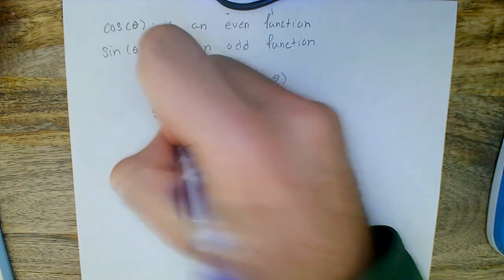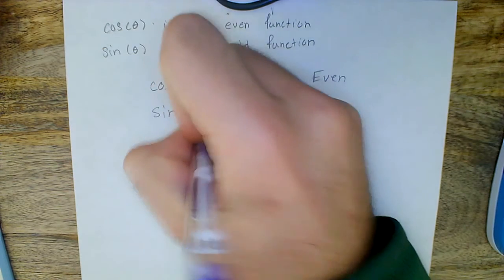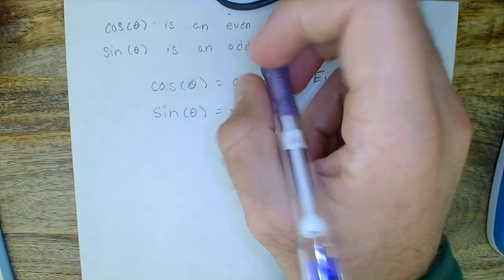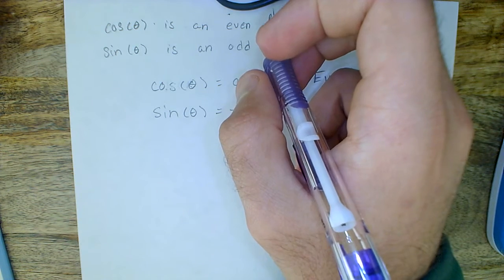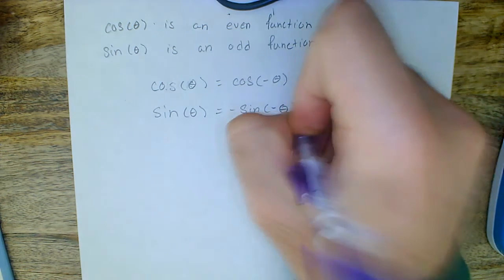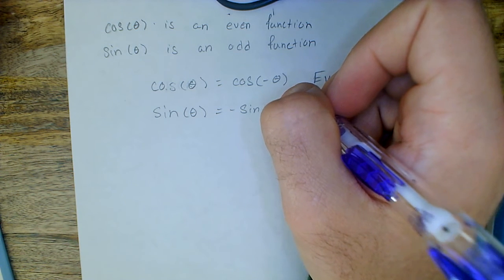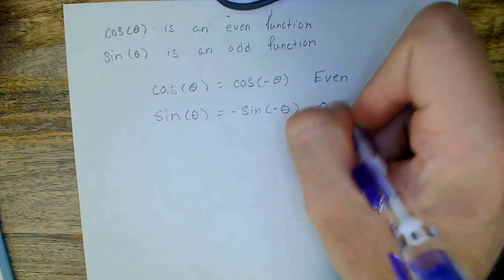So that's even. And the sine of negative theta is equal to the negative sine of theta. So that's odd.